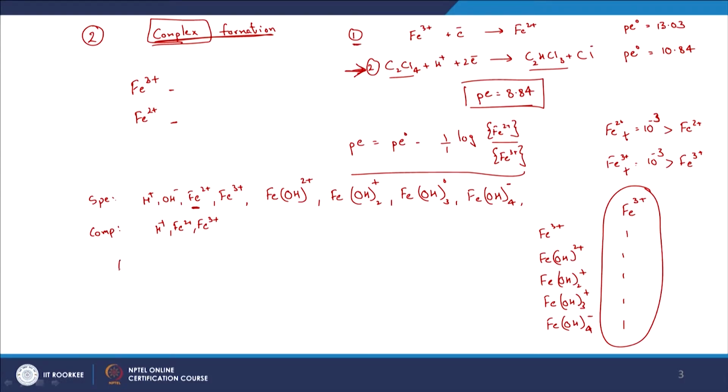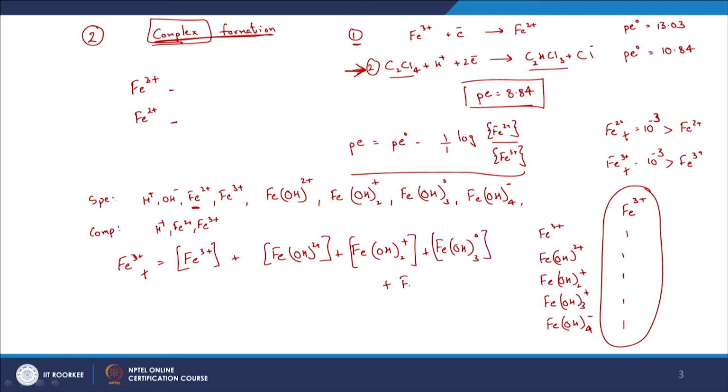So here if I do the component balance, what is that going to be equal to? Fe3+ total is going to be equal to the concentration of Fe3+, plus the concentration of FeOH2+, which is obviously from this particular tableau and the relevant component balance, plus FeOH twice plus, plus FeOH thrice with neutral charge, plus FeOH4 with negative charge.